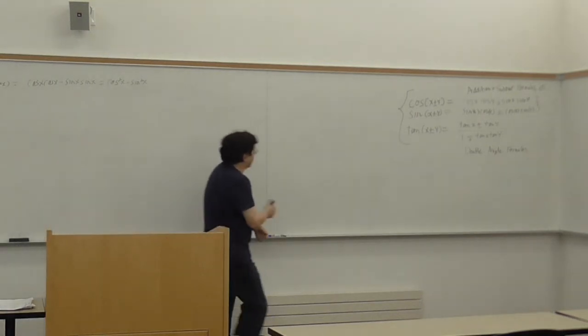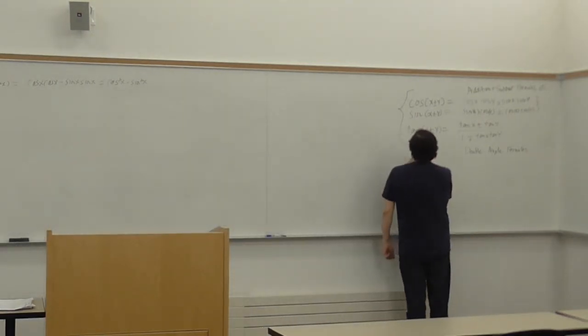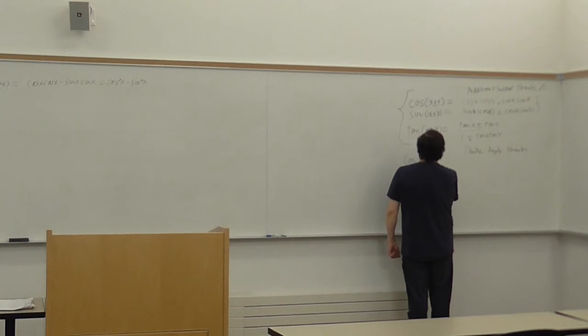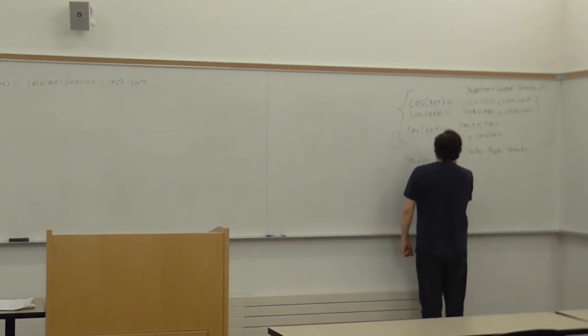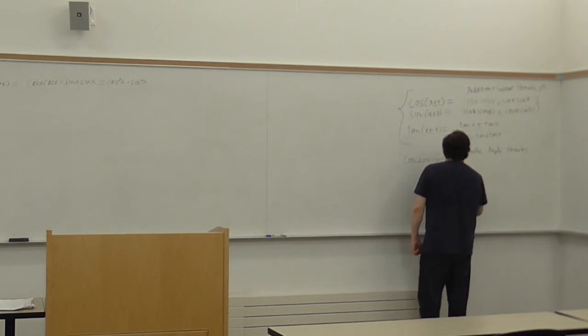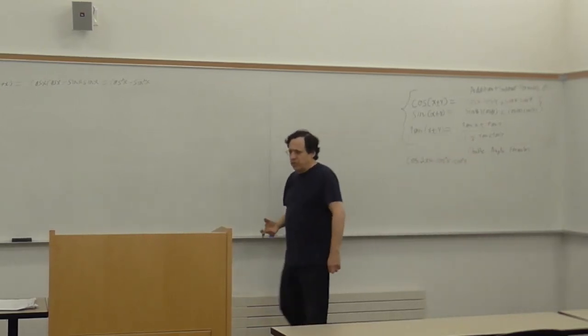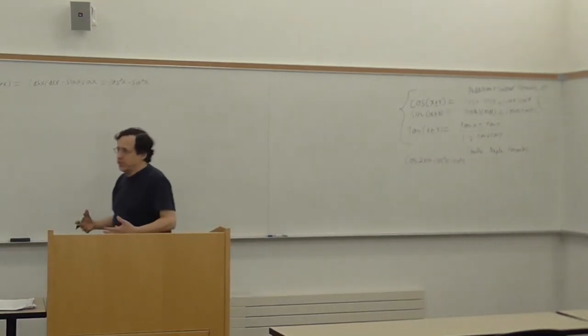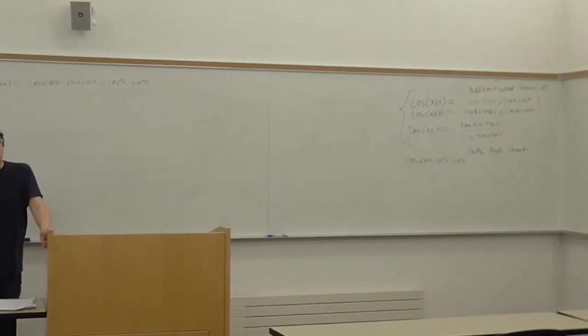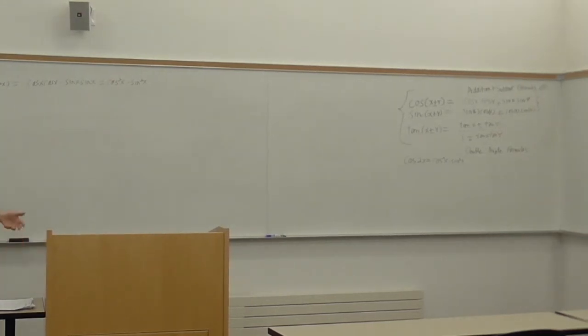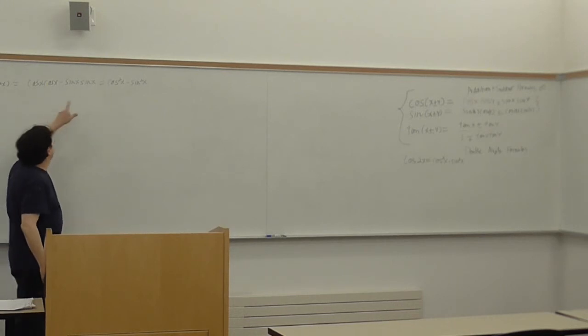Let's write this down here. Cosine of 2x equals cosine squared x minus sine squared x. Where it shows up is you do some kind of calculus-y thing, you differentiate or you integrate, and then you have kind of a mess left over. You want to simplify, and so this might come in handy.